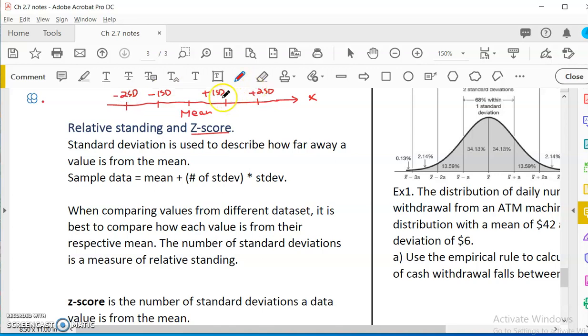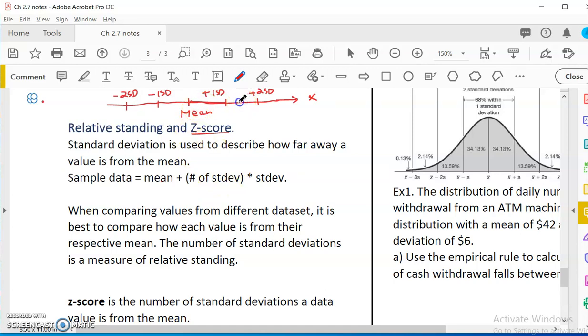Every data value has a position, of course, but you can also describe its position by how many standard deviations it is from the mean. So if I am half a standard deviation from the mean, I can say my number is the mean plus the standard deviation size times the number of standard deviations.